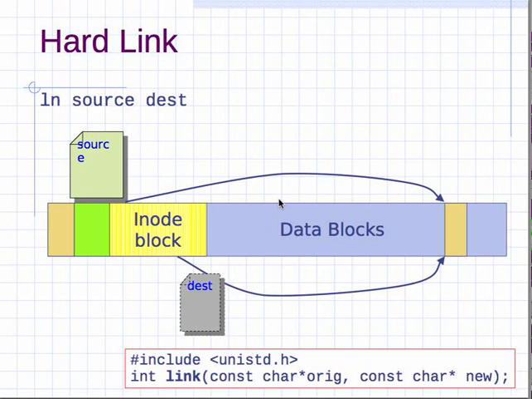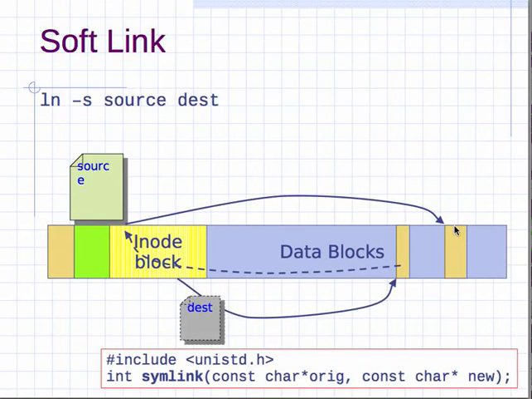In the last video, we saw some of the differences between hard links and symbolic links. We saw how a hard link is a copy of an entry in the inode table, or the inode block, and it points to the same disk blocks where the contents of a file are stored.